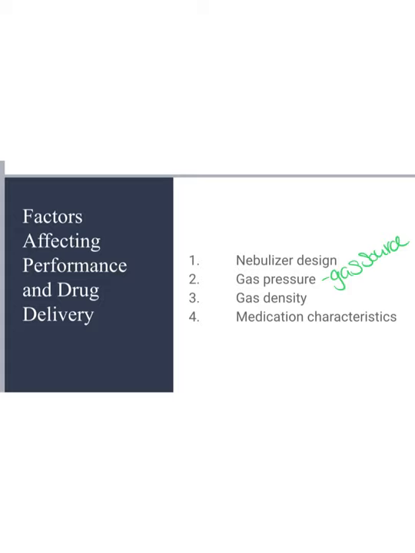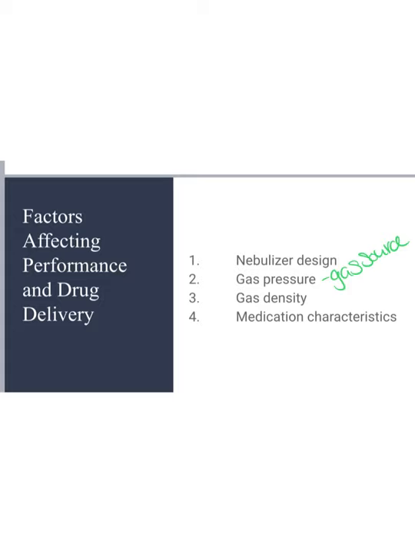For example, Marilyn has a compressor that we use at home. Her nebulizers at home take longer than at the hospital because it's not a direct, consistent PSI that is being delivered. So gas pressure, gas source: compressor, cylinder, or the wall at 50 PSI. And remember, these also affect the particle size and the deposition.